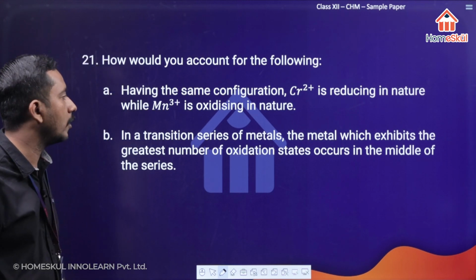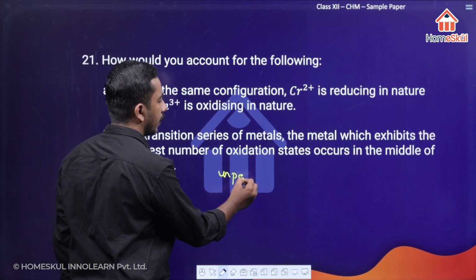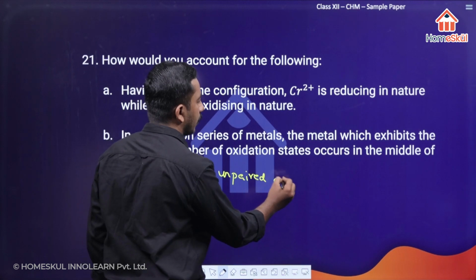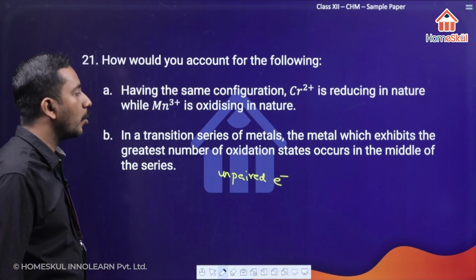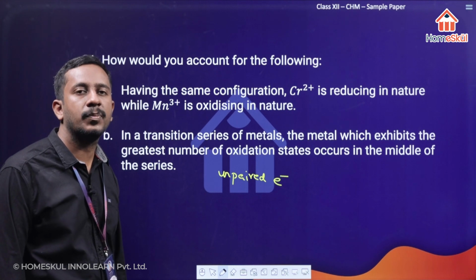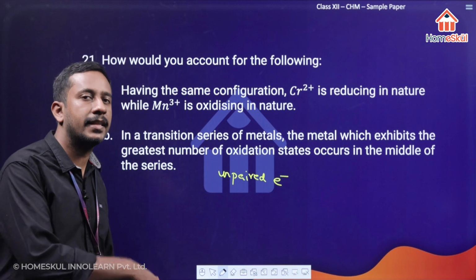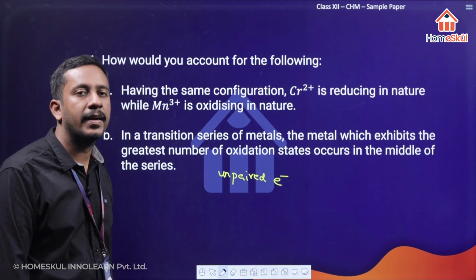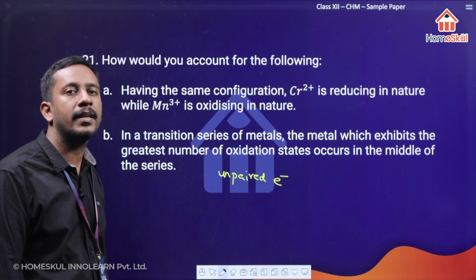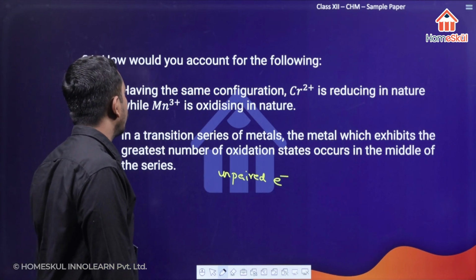So that configuration will be having the largest number of unpaired electrons present. So that will be responsible for the most number of oxidation states that is exhibited by the element that is present in the middle of any transition metal series, because that has the largest number of unpaired electrons, which gives the element the ability to show the most number of oxidation states.